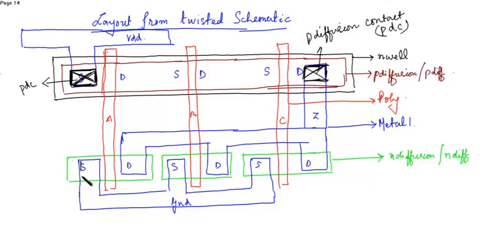Similarly, we need here the N diffusion contact. We could have taken a single one actually.